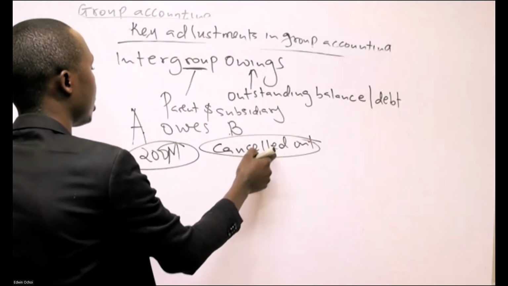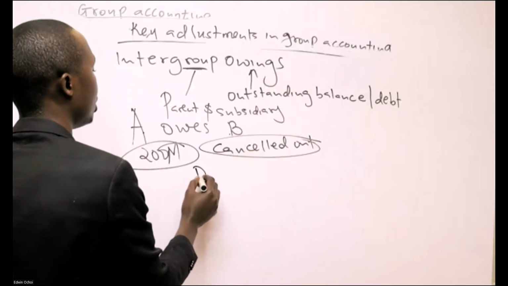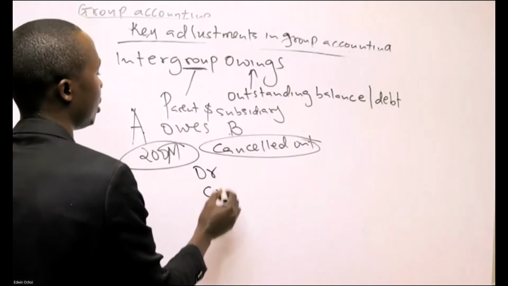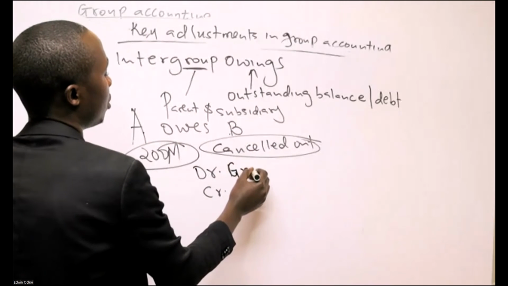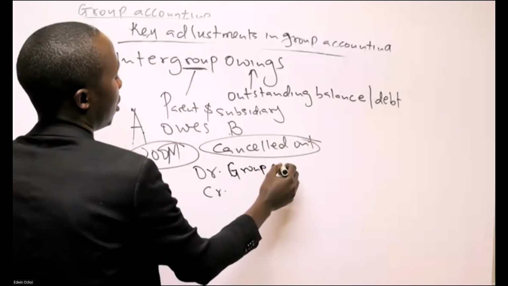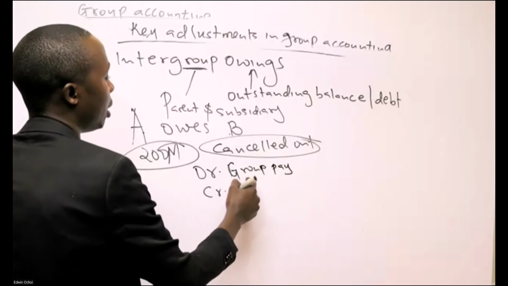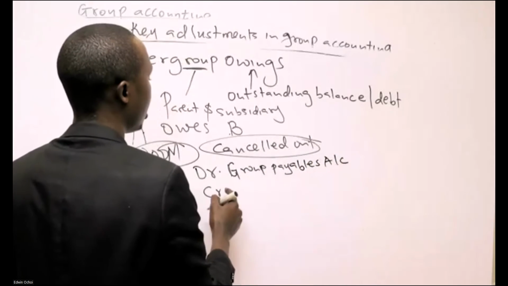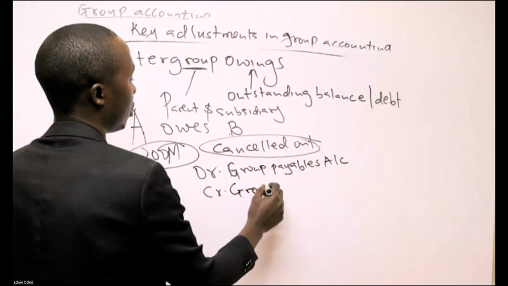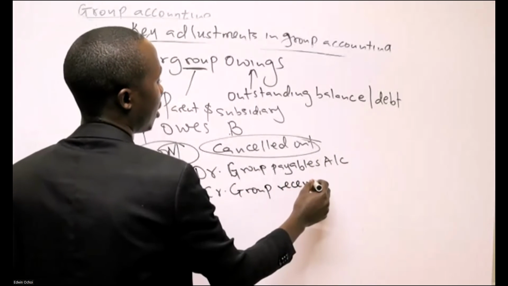How do we do this? Which account is debited? Which account is credited? We debit the group payables account. We credit the group receivables account.